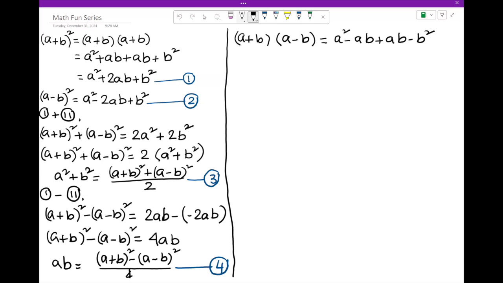And these ab and ab cross out. So on the left side you have a plus b into a minus b. On the right side you have a square minus b square. So we can get the formula for a square minus b square, which is a plus b and a minus b. And we call this formula number 5.